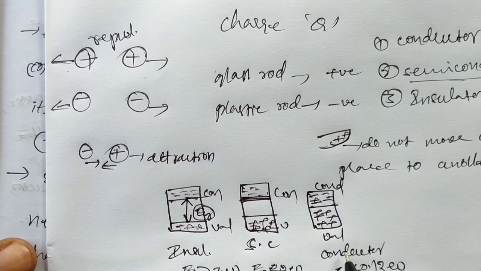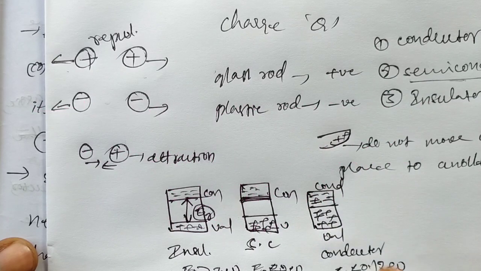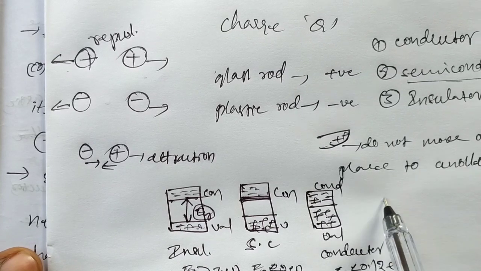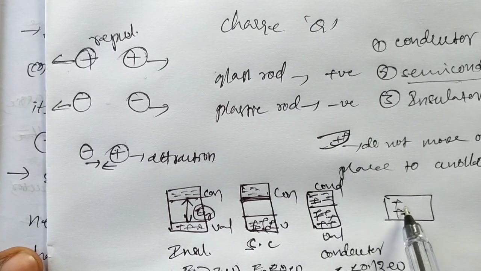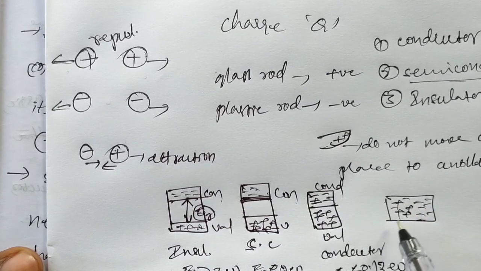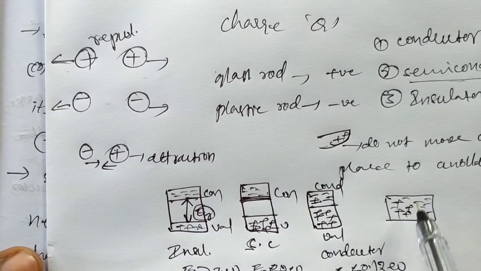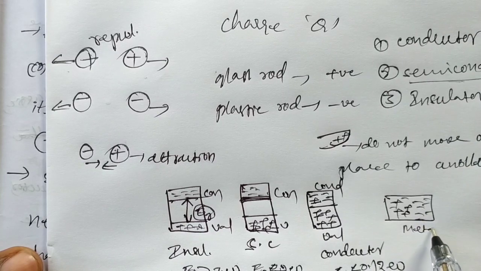This type of conductor can transmit the charge carriers from one place to another place. Suppose we keep one metal rod and rub it with silk or wool and hold it. This metal has charge carriers, and there is no band gap region. It is a metal or conductor.